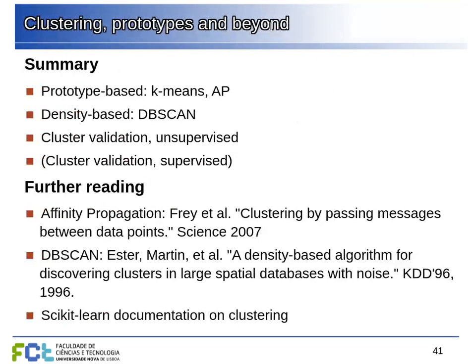So to sum up, we saw two types of prototype-based algorithms for clustering. K-means, which we covered in the previous lecture, in which you specify the number of clusters, which is good in some applications like vector quantization, but may not be very practical in other cases where we don't know from the beginning how many clusters we should have.